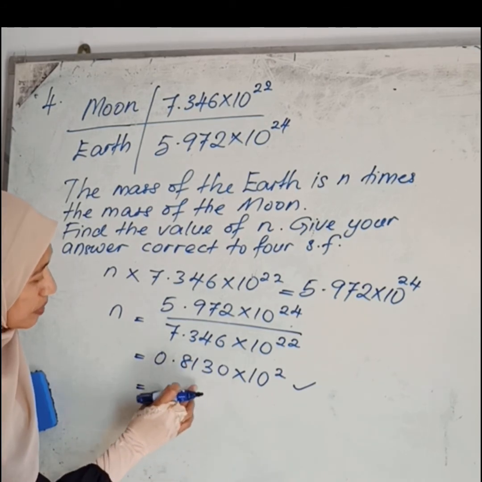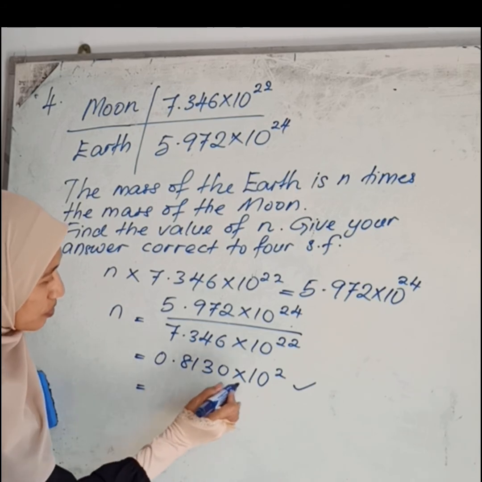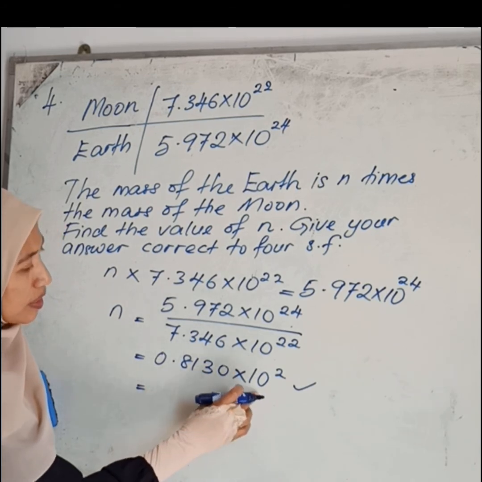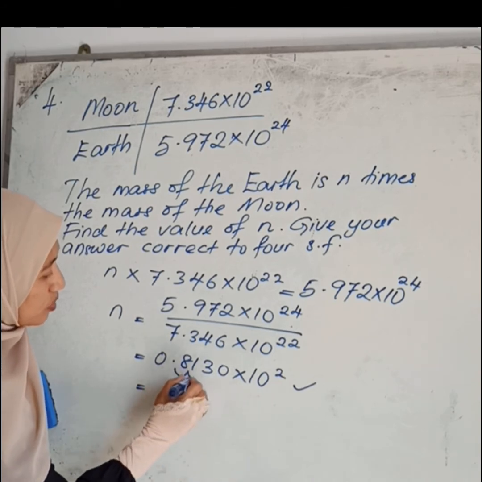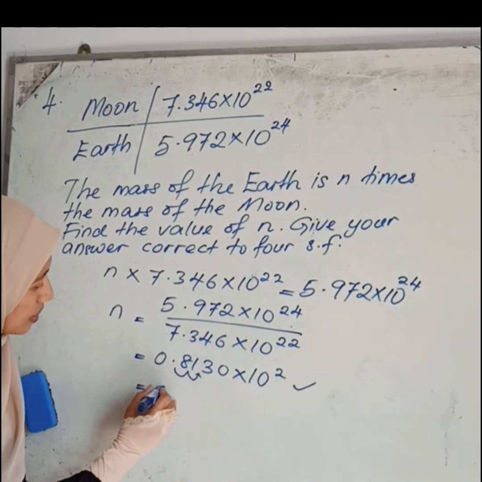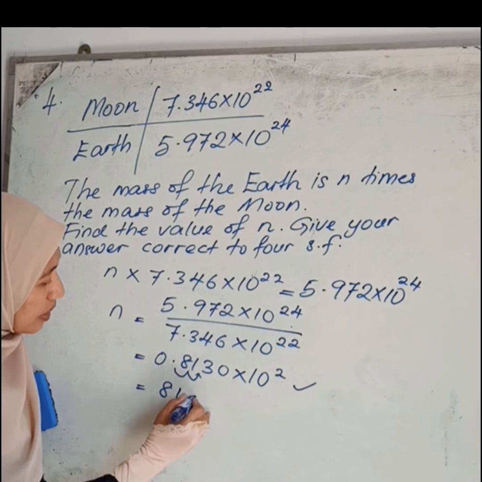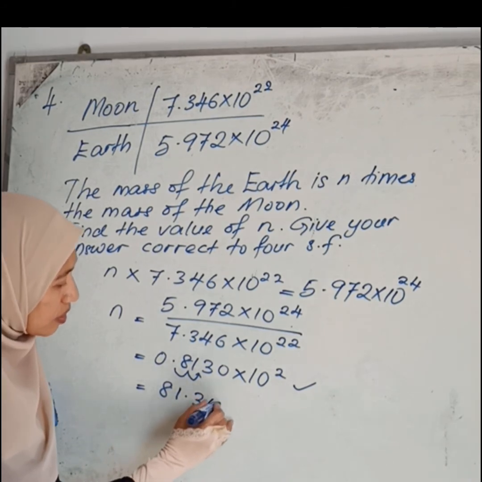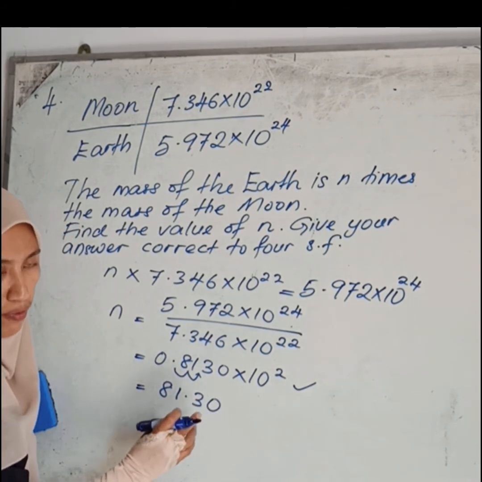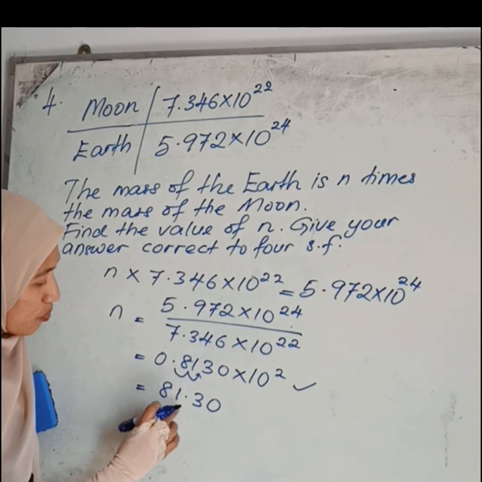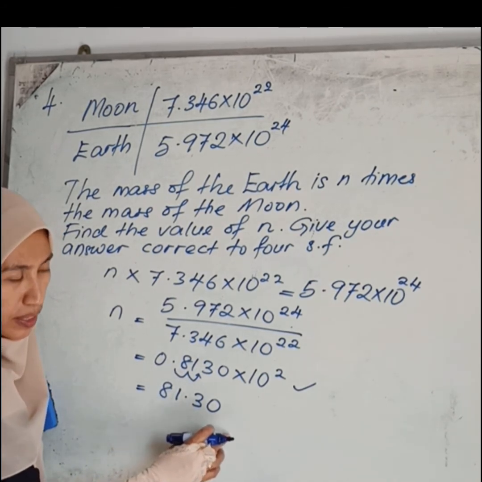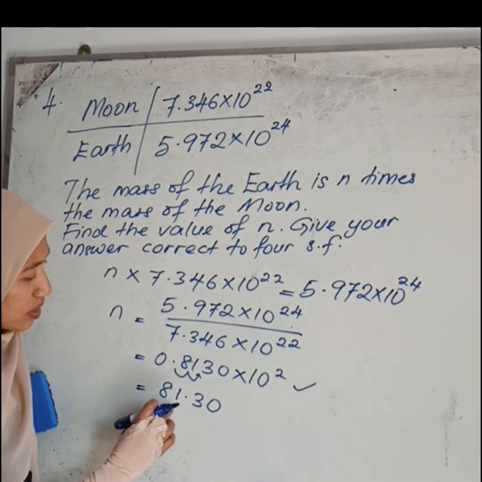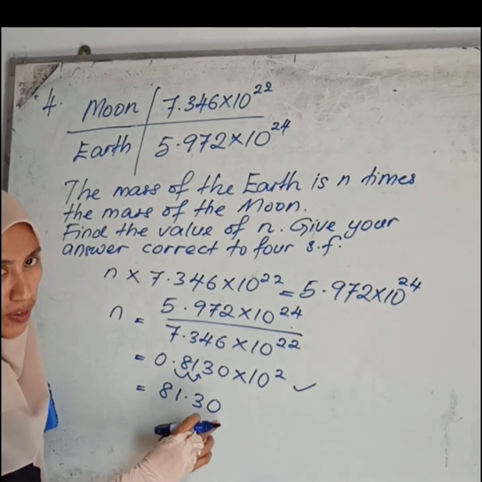So for a single number, we have to move 2 steps to the right. So 1, 2. Okay, the answer is 81.30. It must be 4 significant figures. If you put 81.3, the value is equal, but it is not 4 significant figures.